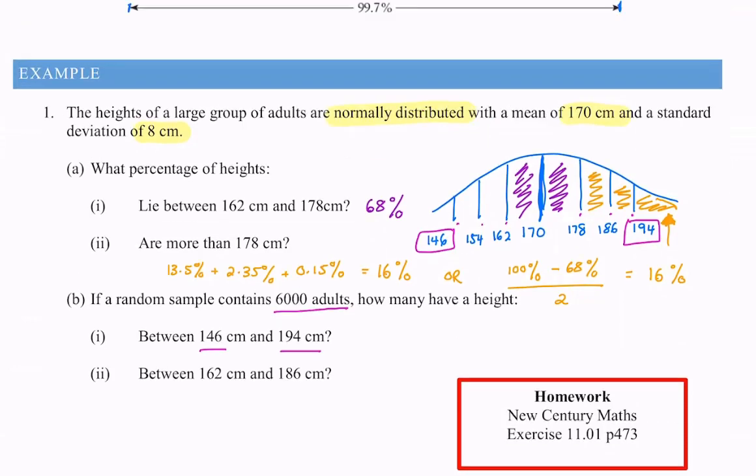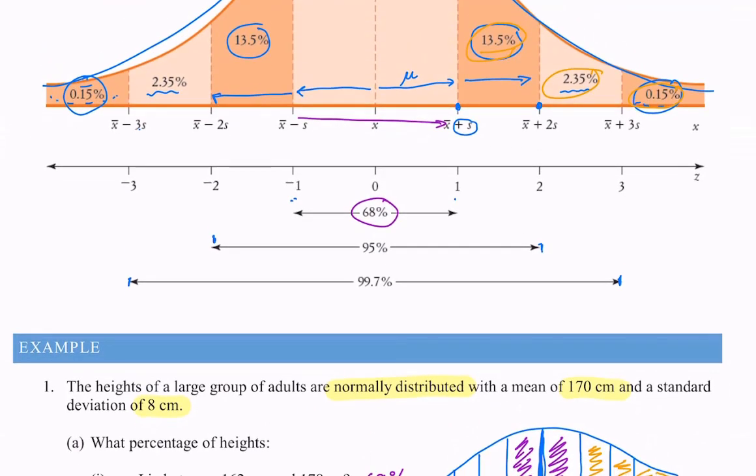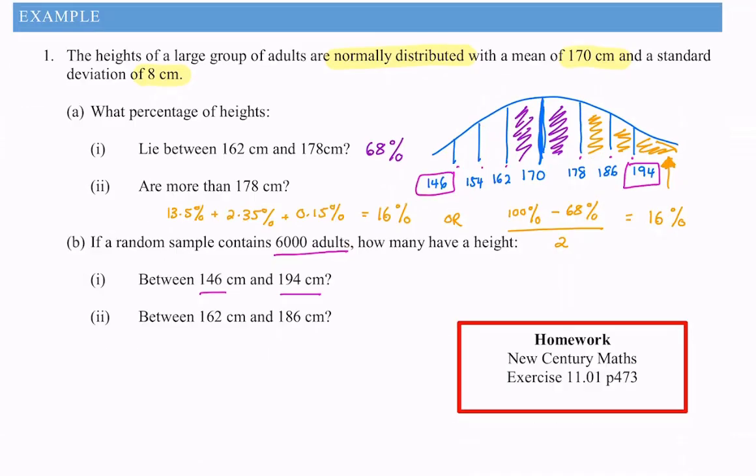Going back to my chart, for three standard deviations that is 99.7%. That's a percentage, so I'm going to write it over 100 and multiply it by 6,000 to see how many adults. The answer I get is 5,982. So within three standard deviations, 5,982 people lie there.